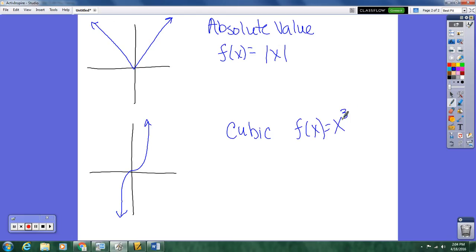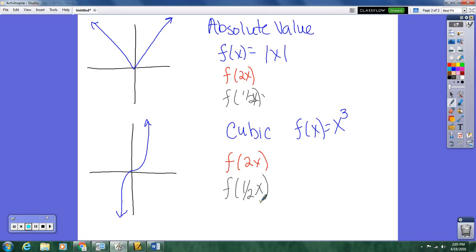Now this time we're doing 2x and 1/2 x. So we're doing f of 2x on both of them, and f of 1/2 x.